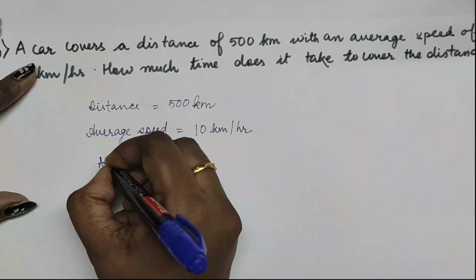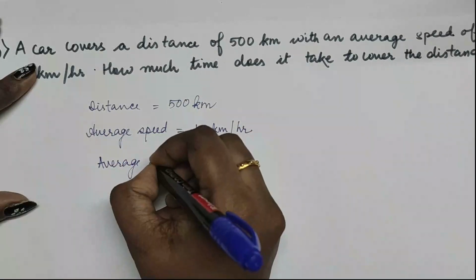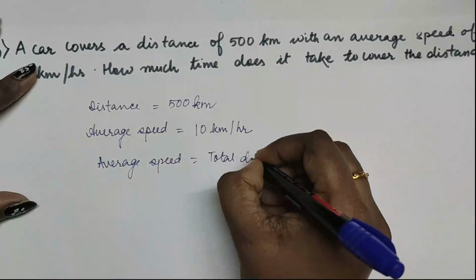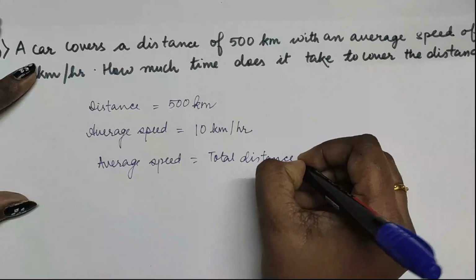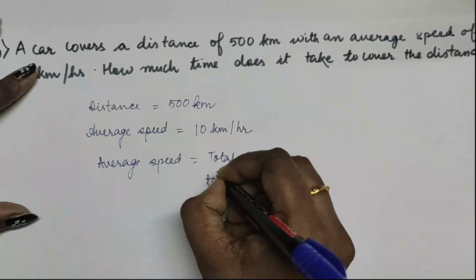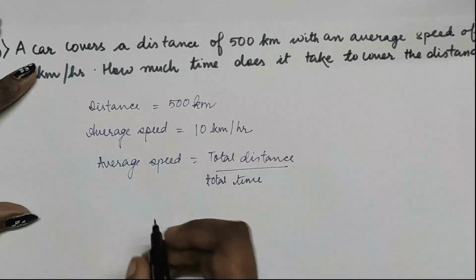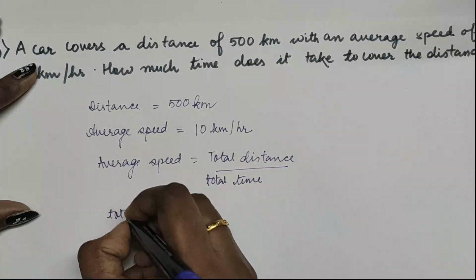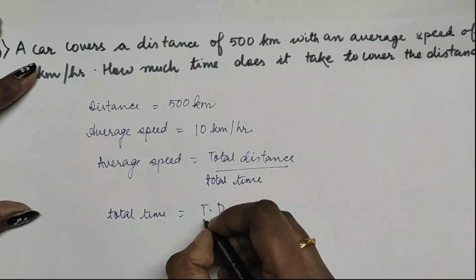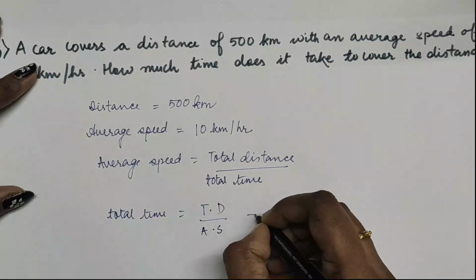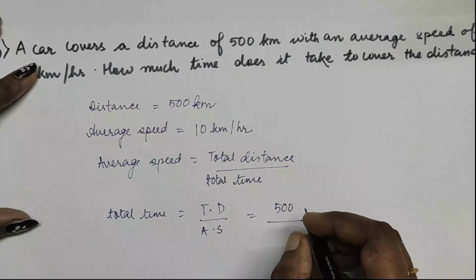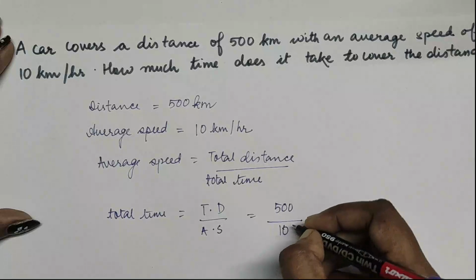According to the formula, average speed is the total distance by total time. As we have to calculate the time, the total time will be equal to the total distance divided by the average speed, which is 500 divided by 10 km per hour.